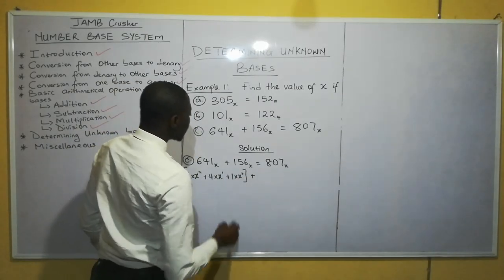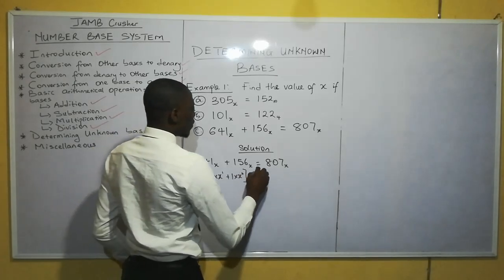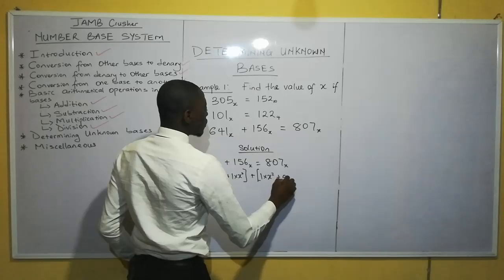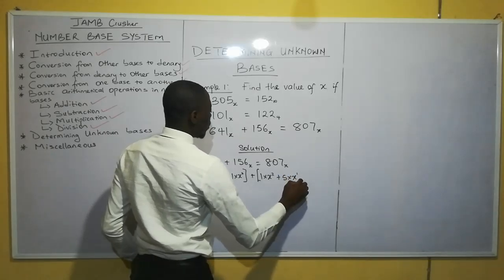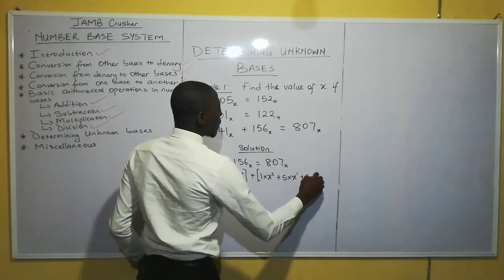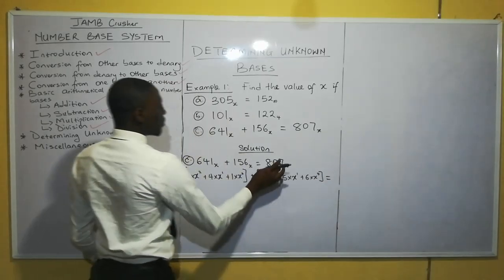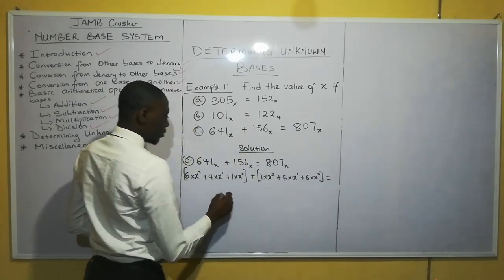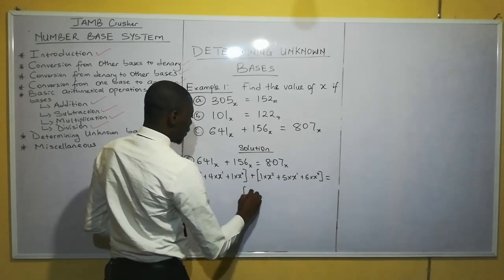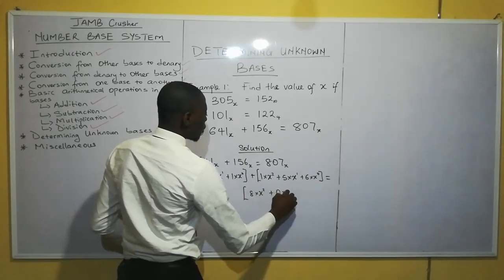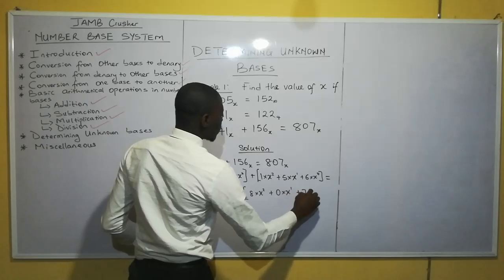Plus, then moving on to the second one, we have 1 times x raised to power 2 plus 5 times x raised to power 1 plus 6 times x raised to power 0. Then is equal to the same thing for this: 8 times x raised to power 2 plus 0 times x raised to power 1 plus 7 times x raised to power 0.